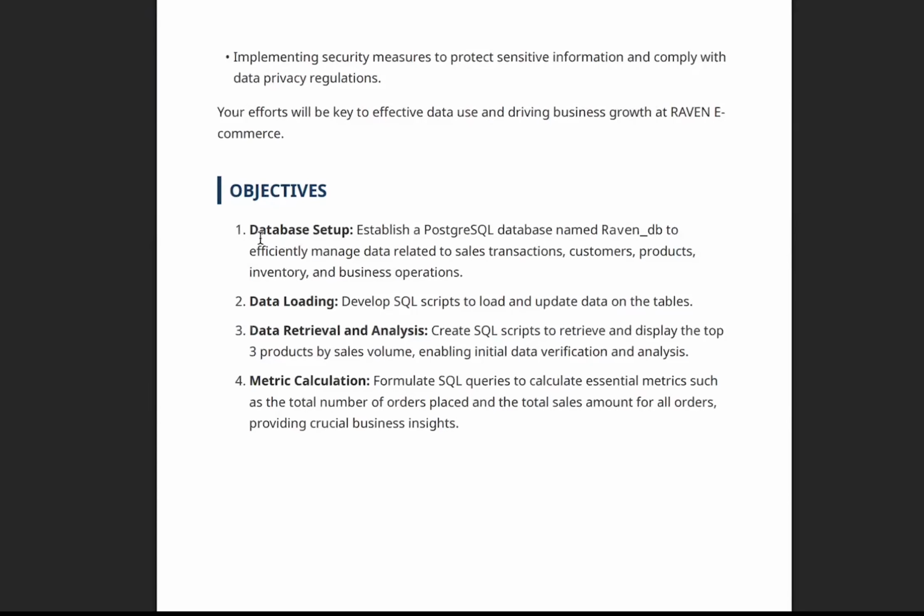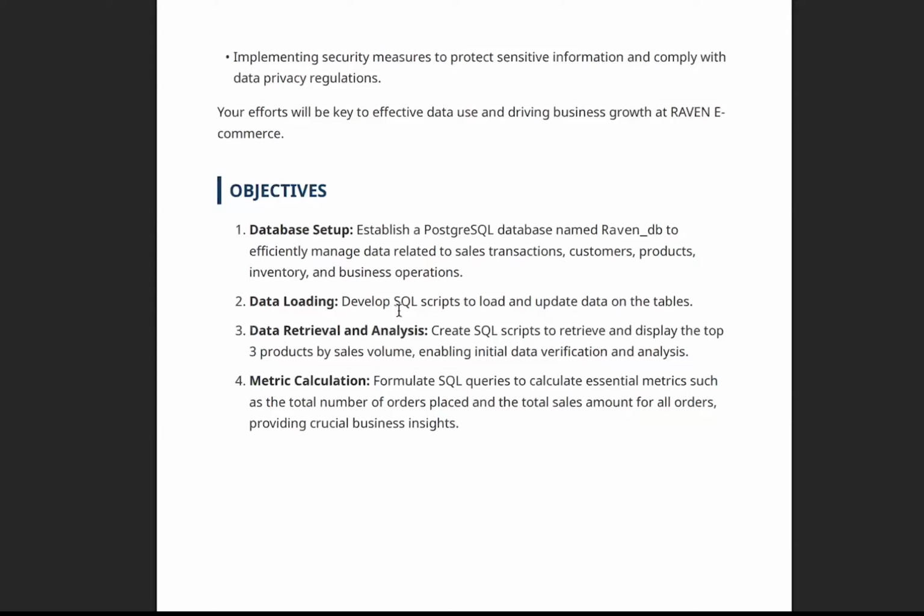So our objective here is database setup. Establish a Postgres SQL database named RavenDB to efficiently manage data related to sales, transactions, customers, products, inventory, and business operations. Then data loading: we are given the data, the company already gave us the data, and we load it into our database.